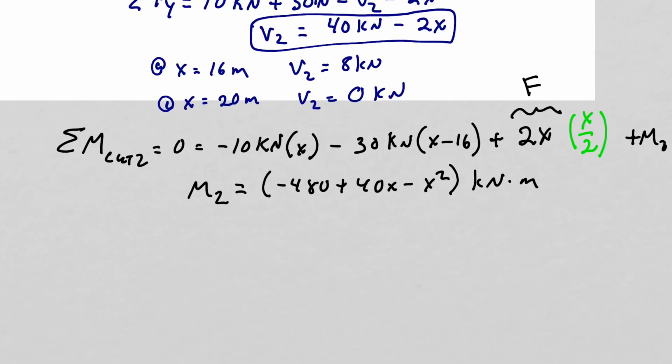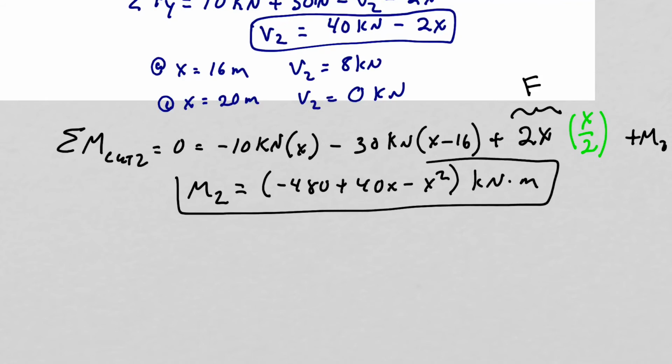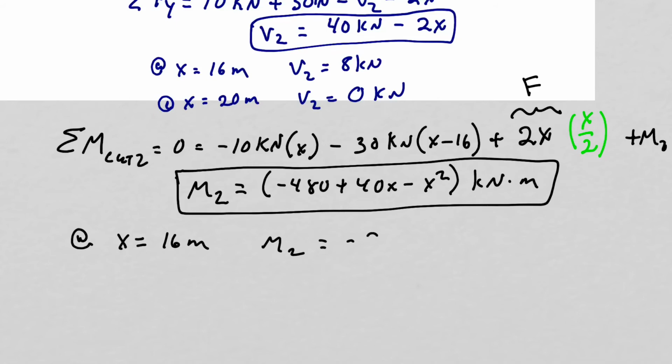Now that's our equation in terms of the function of x. Again, it's some quadratic. At x equal to 16 meters, if we solve for that, M2 is equal to a minus 96 kilonewton meters.